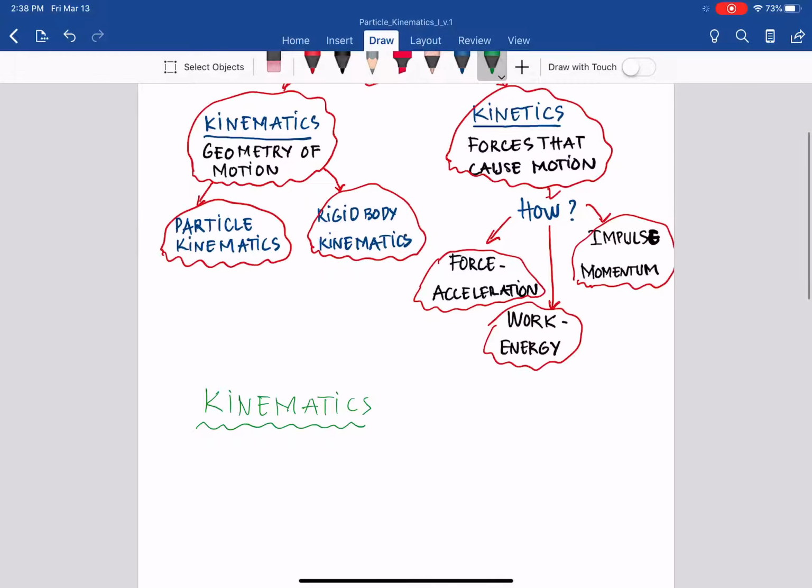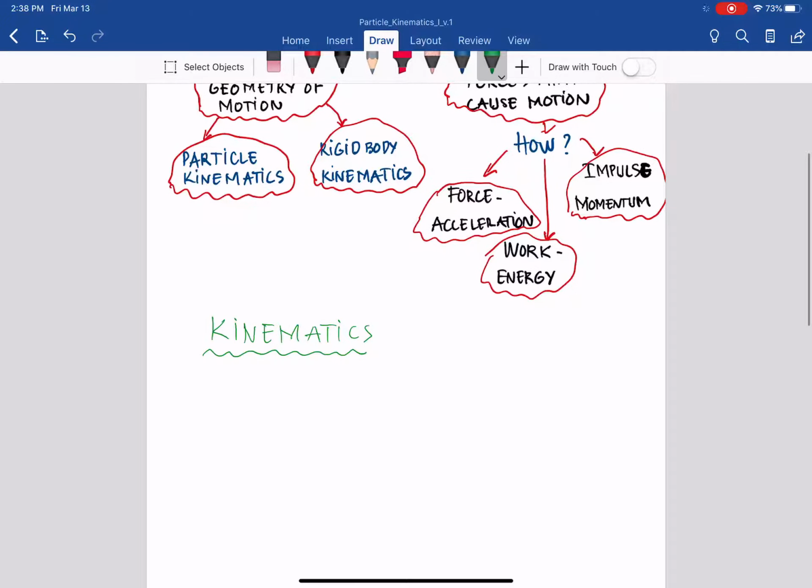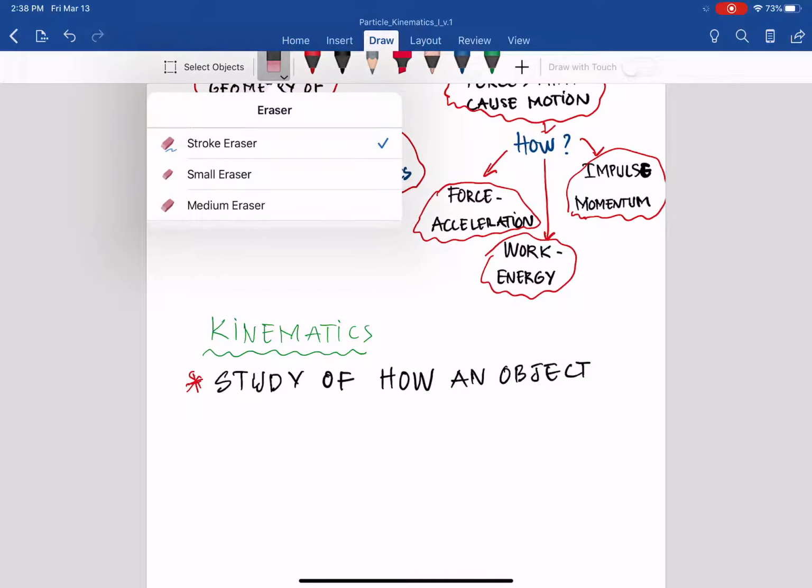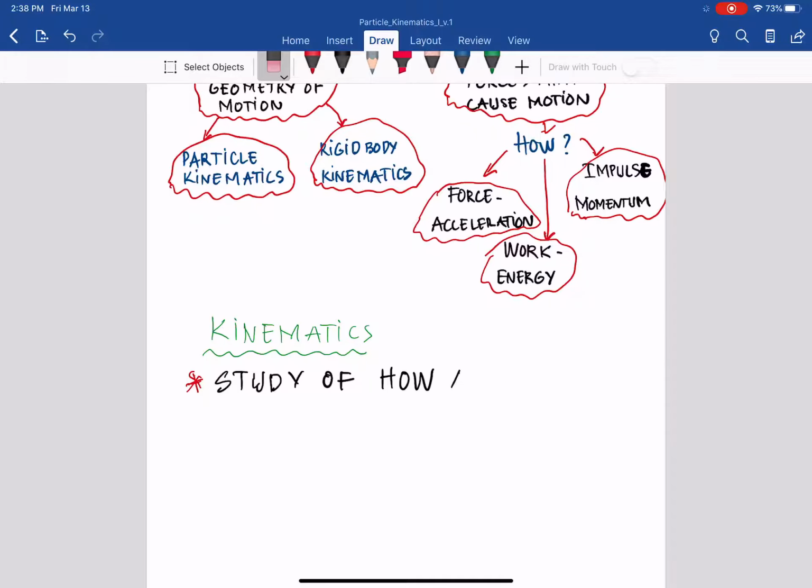As you can see, in kinematics we study the geometry of motion, or in other words, we study how objects move, how an object or multiple objects move. So it's not about the force, not why.